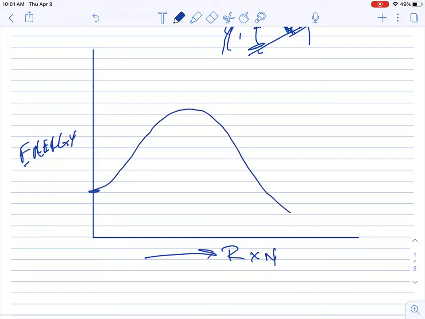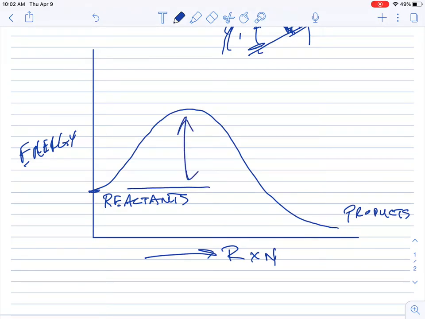And here we are with the reactants, and here we are with the products, and this hump right here, kind of like a roller coaster, is your activation energy.